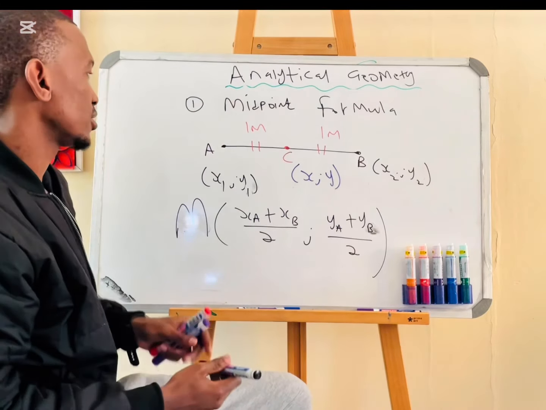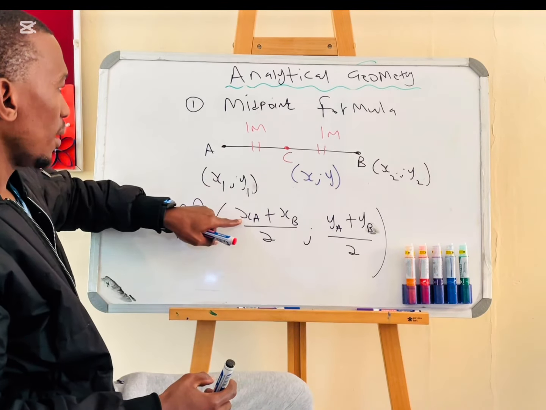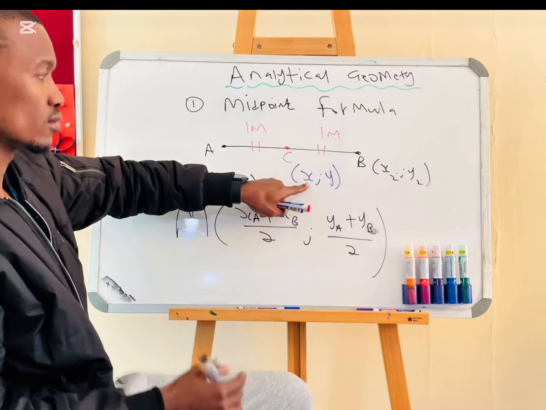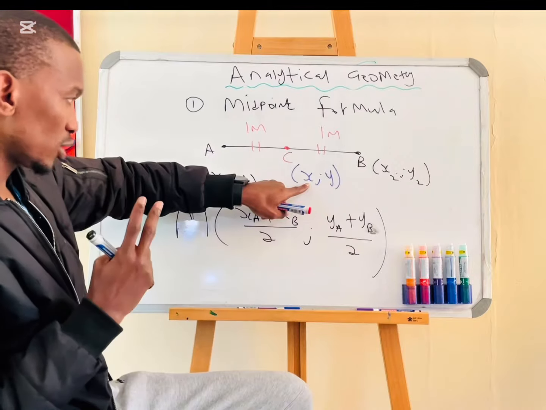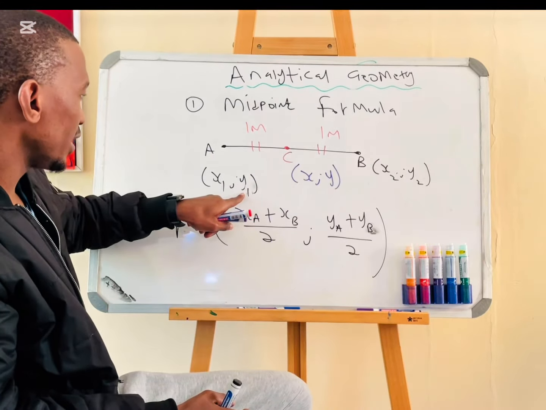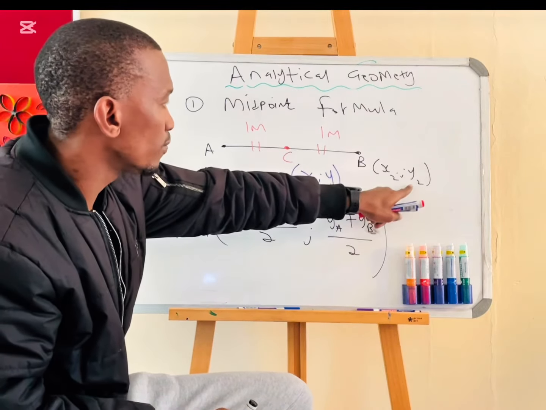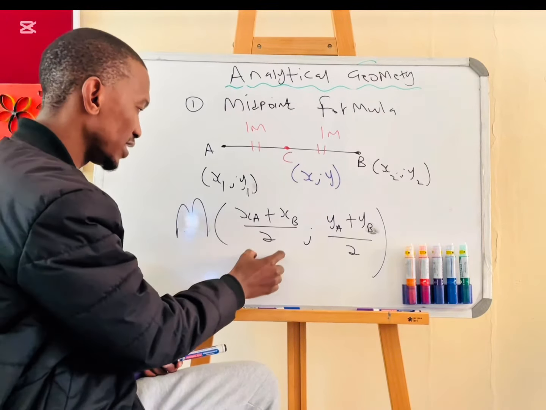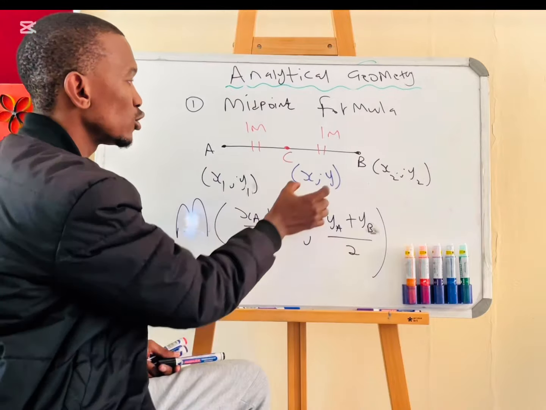Yes, you're still allowed. So the x of A here plus the x of B here, you divide them by 2, they'll give you this x. Number 2, the y of A plus the y of B, divide by 2, they'll give you this y. So if you have this x and this y, they're basically the two coordinates of C.